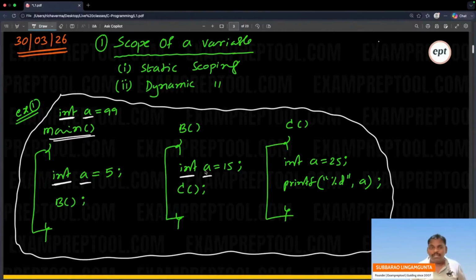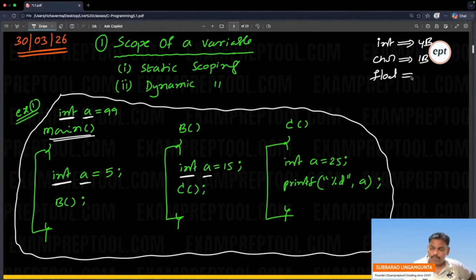And because it is the first class, I have to say very clearly, remember everyone: integer data type is 4 bytes, char data type is 1 byte, float data type is 8 bytes.